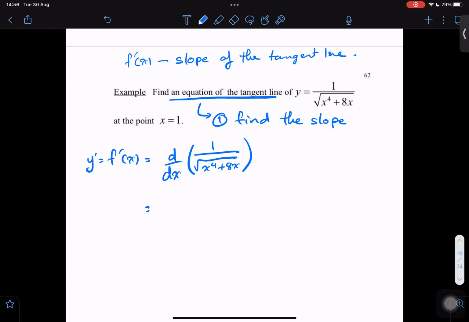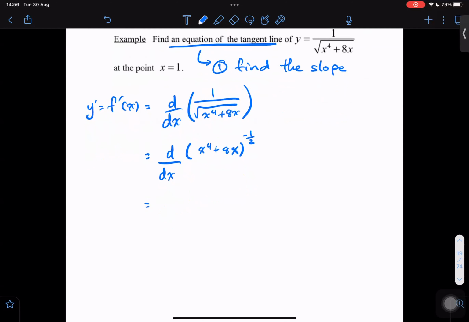So this thing equals dx of x to the fourth plus 8x, to the power of minus 1 over 2. So this will become minus 1 over 2 of x to the fourth plus 8x to the power of minus 1 over 2 minus 1, times d of x to the fourth plus 8x over dx.